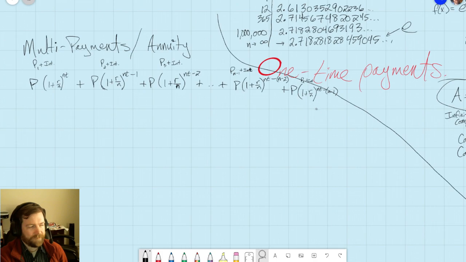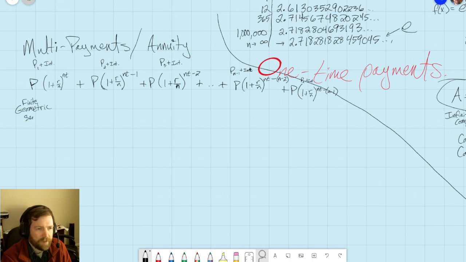Now here's the thing. This works really nicely as a sequence. The total sum of all this is a geometric sequence, or I guess a finite series, because we're summing them all up.